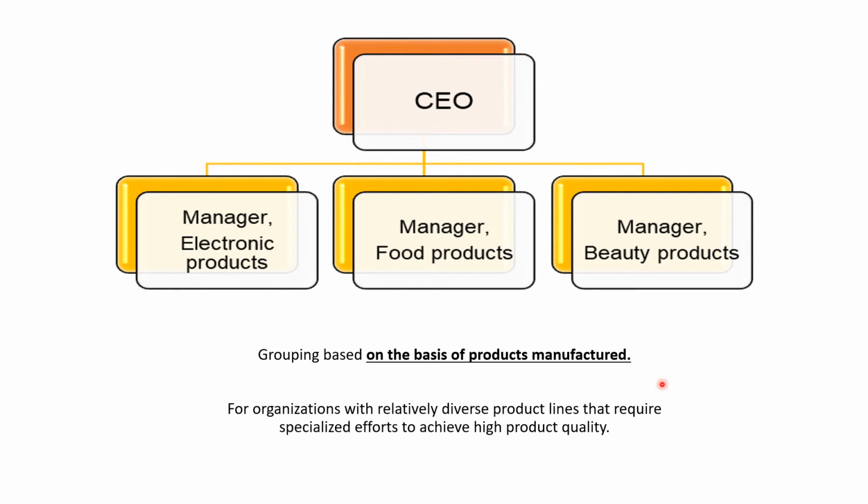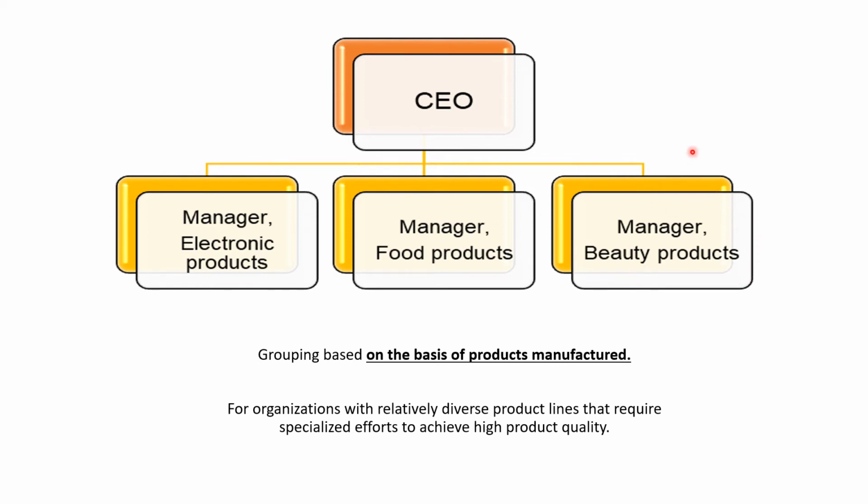Instead of a marketing department, sales department, and human resource department, they have an electronic products department, a food products department, and a beauty products department.